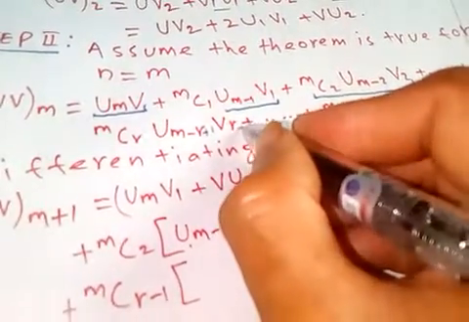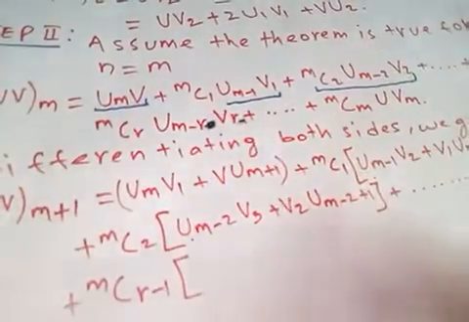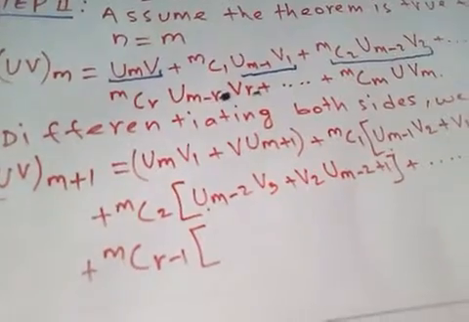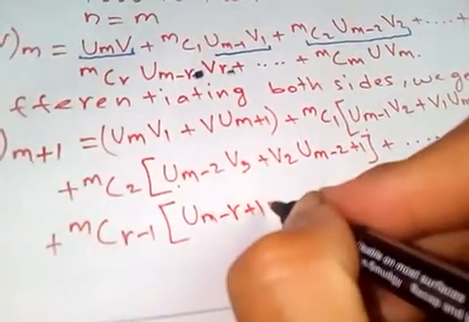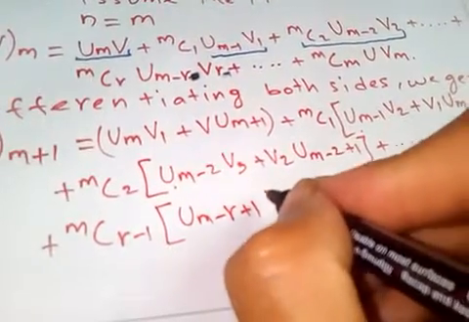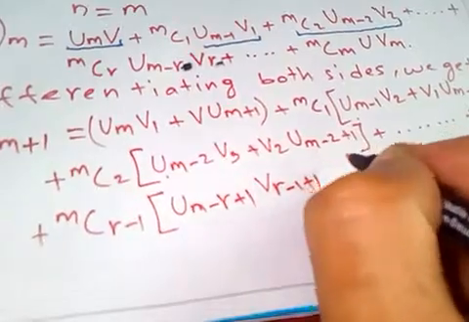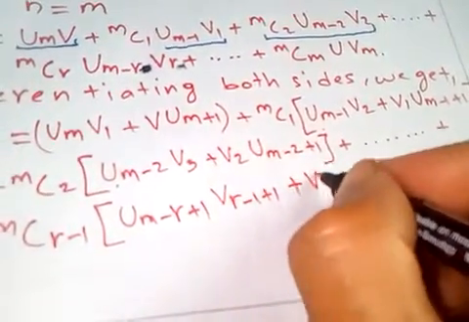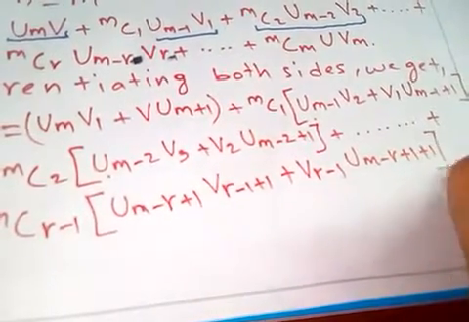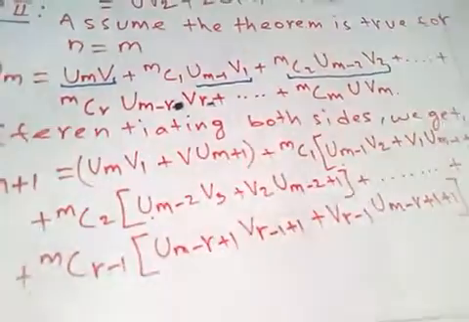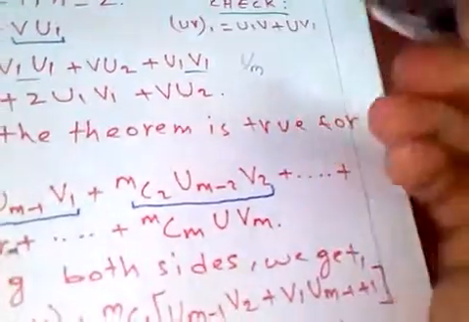Taking the first function times the derivative of the second function, r minus 1 plus 1, plus v_(r-1) u_(m-r+1+1).